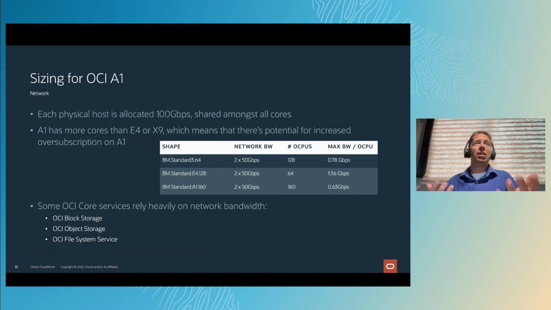If we extrapolate that out, and it's not always going to be this way, but I'm simplifying things to show this principle, if you simply divide 100 gigabits by the number of OCPUs, you get a bandwidth per OCPU, and you can see that the A1 is less than 1, meaning you can get into situations where it is oversubscribed. There's more request for bandwidth than we have bandwidth available.